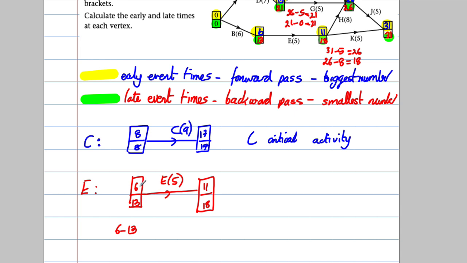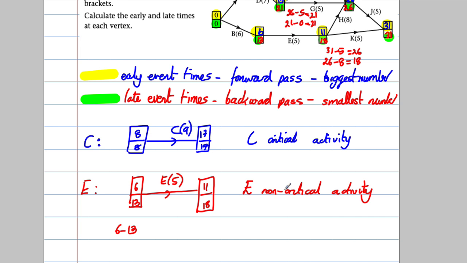I don't have to leave here at 6 at all. I can hold back until 13 and I won't delay the project. Whereas in this case with C, I had to get here at 8 and leave here at 8, and so the activity was critical. So E is called non-critical. And I'll quickly introduce it to you here.